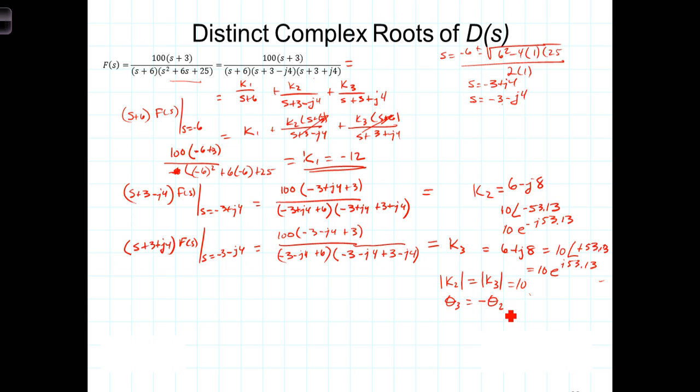So we now can write the partial fraction expansion for f of s.